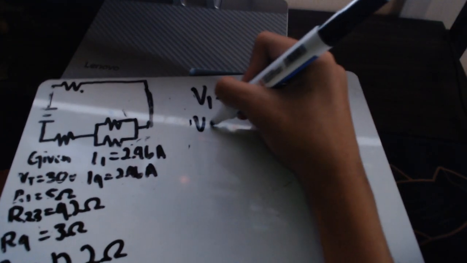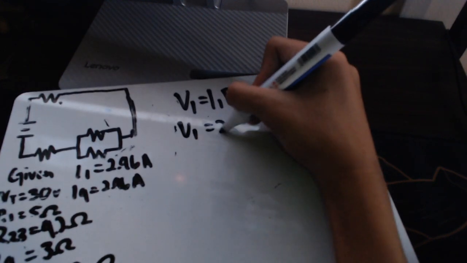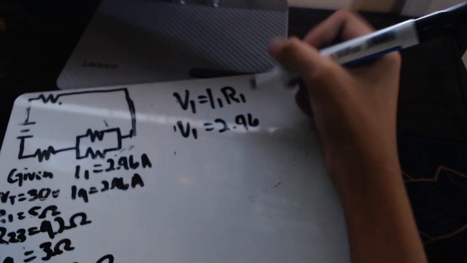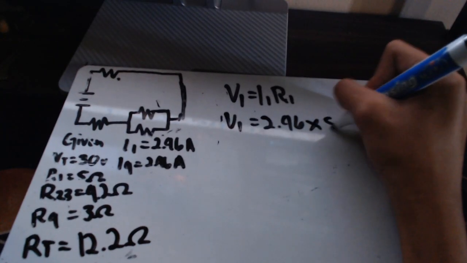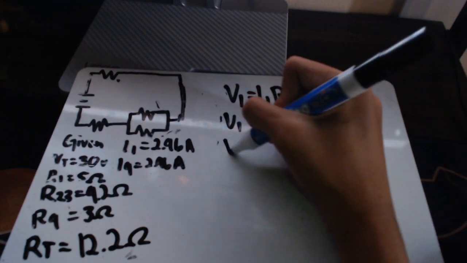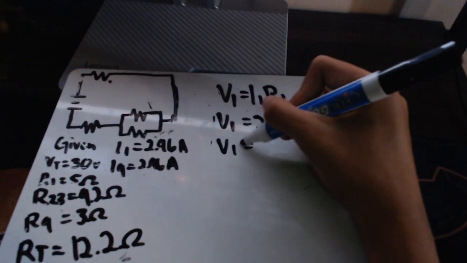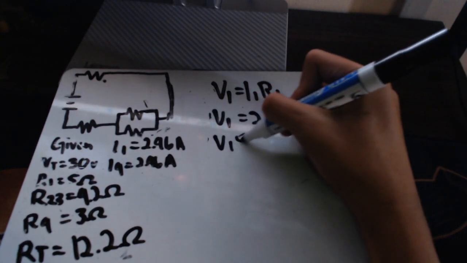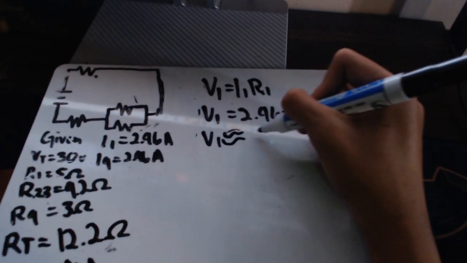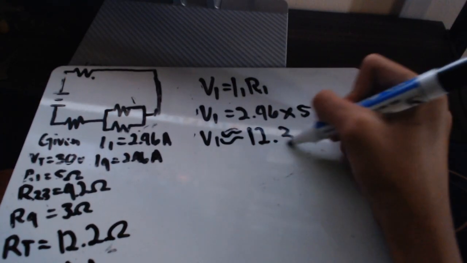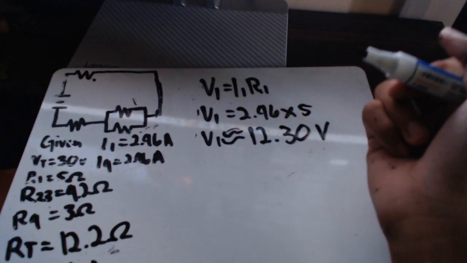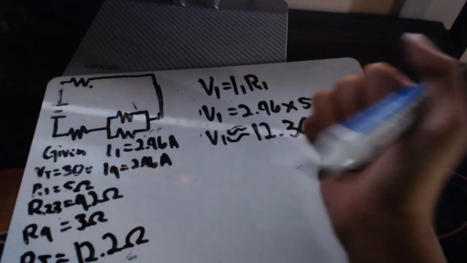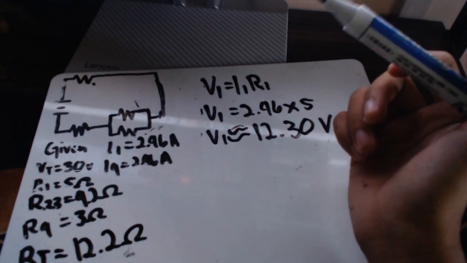Since I1 is 2.46 and the resistance for R1 is 5 ohms, we multiply them, which is approximately equal to 12.30 volts. So therefore the voltage across R1 is approximately 12.30 volts.